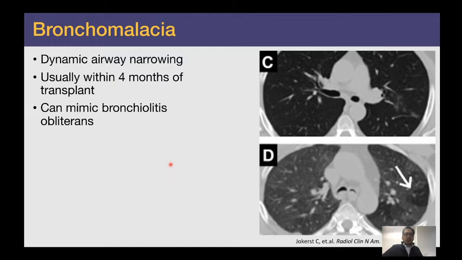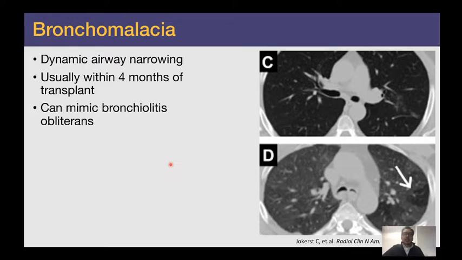Okay, and then bronchomalacia is another later complication of lung transplant, and this is something that you diagnose on expiratory images, particularly forced expiratory images. What you're looking for is a reduction in the cross-sectional area of the trachea.